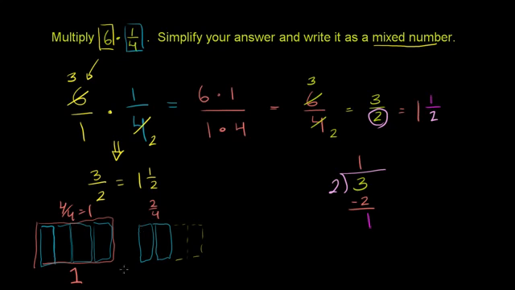So this is 1 and 1/2, right? 2 out of 4 is the same thing as 1 over 2. So this is 1 out of a possible 1, and then 1/2. So this is 1 and 1/2, which is exactly what we got before.